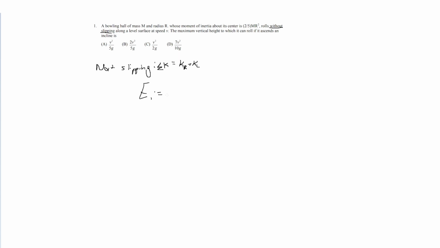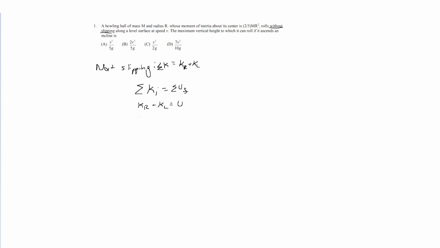So what we can say is that the sum of kinetic energy initial is going to equal the potential energy final, right? Because at the start we don't have any potential energy, and at the end we don't have any kinetic energy. So I'll write K rotation plus K linear equals U.